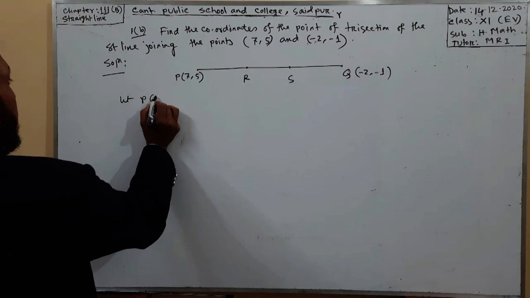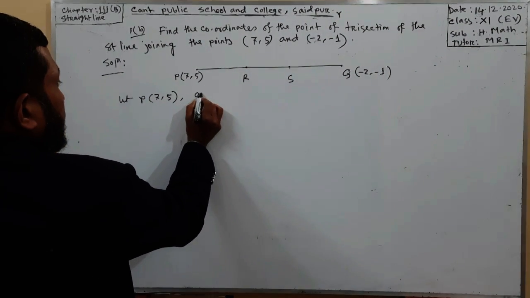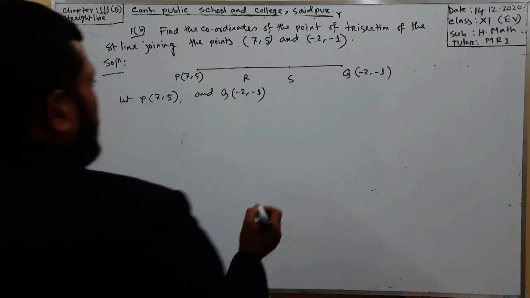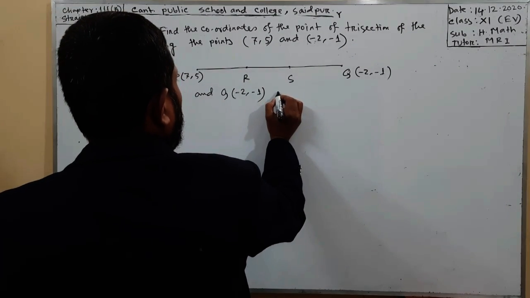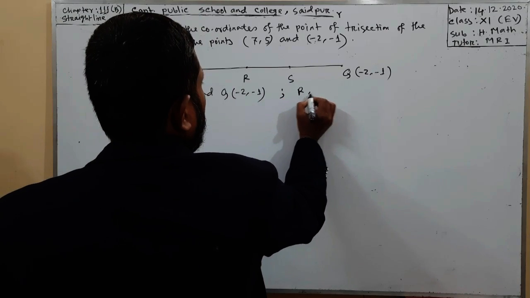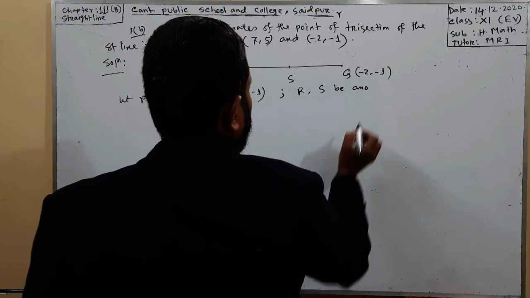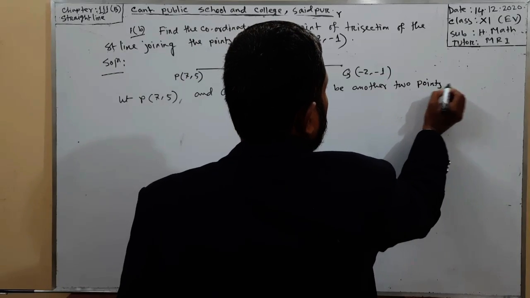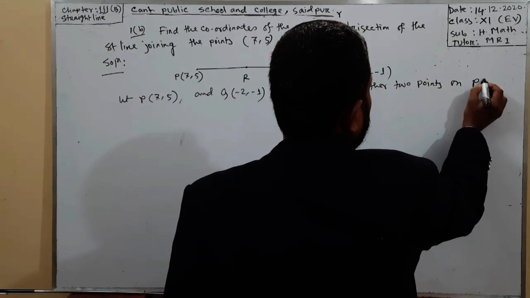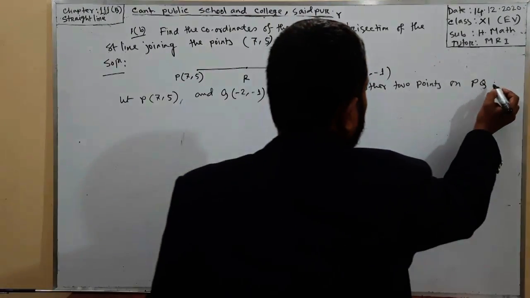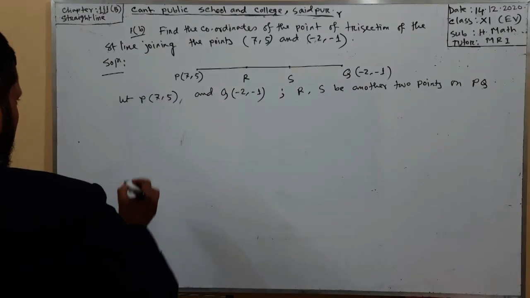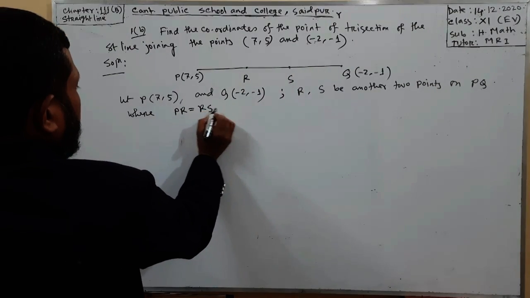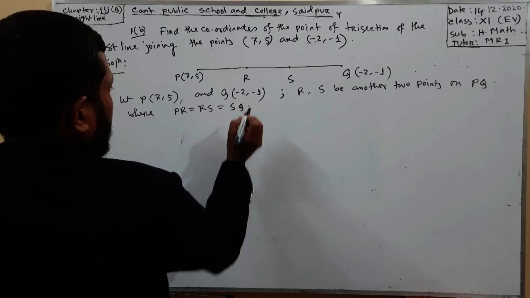Let P (7, 5) and Q here, R and S be another two points on PQ, where PR is equal to RS is equal to SQ.